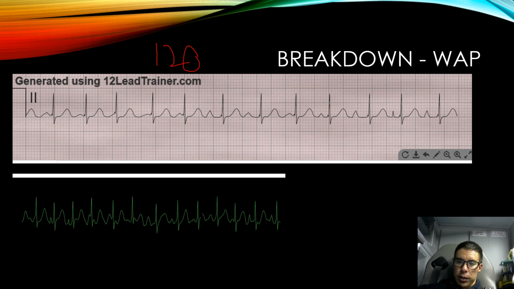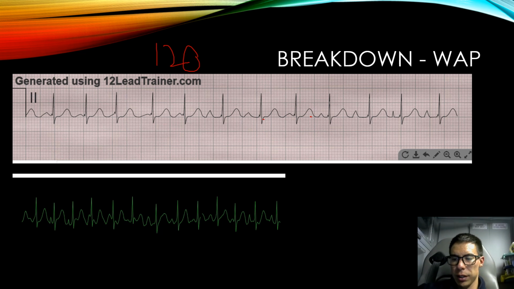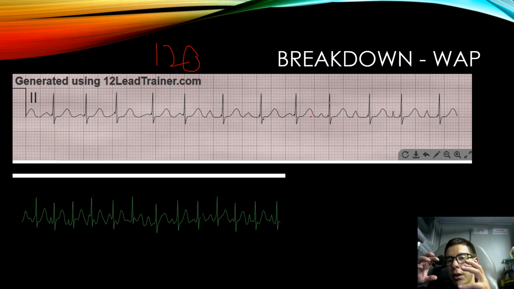Just check our intervals, which should be fairly consistent. So it's a little over, it's about 5. And I should say, it can sometimes vary a little, but for the most part it'll be about the same, but it all depends on where that P wave is.